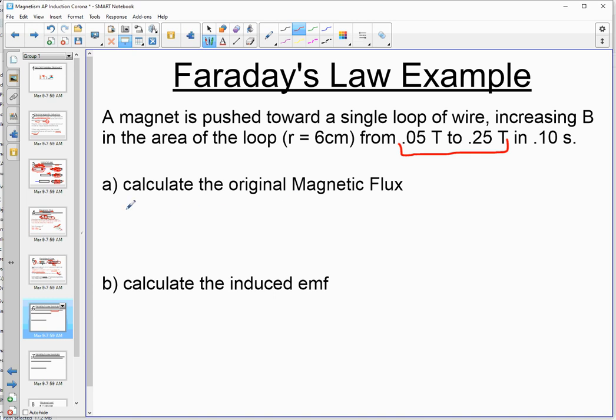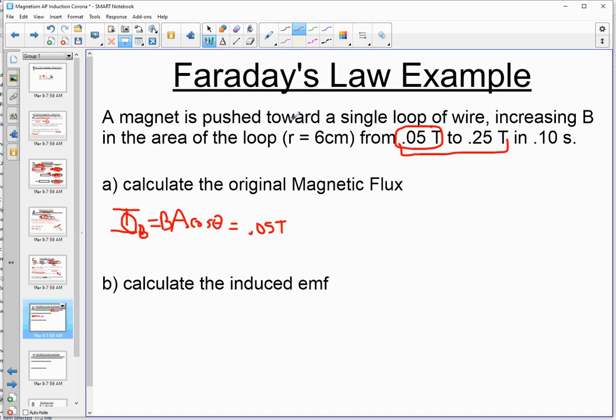So let's first calculate the flux, our magnetic flux, which is phi B. That's going to be BA cosine theta. We're looking for the original flux, so we would put the original magnetic field strength, 0.05 Tesla.